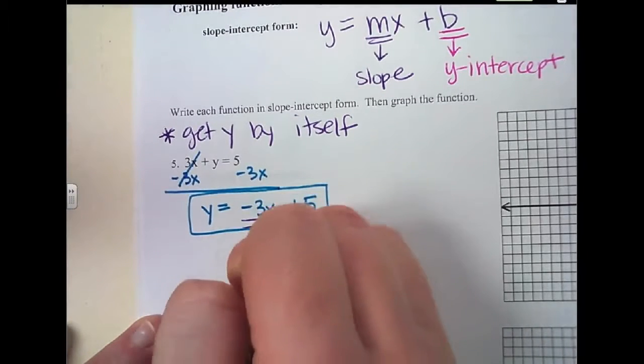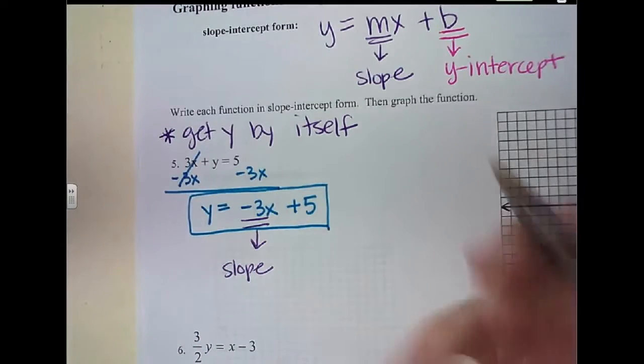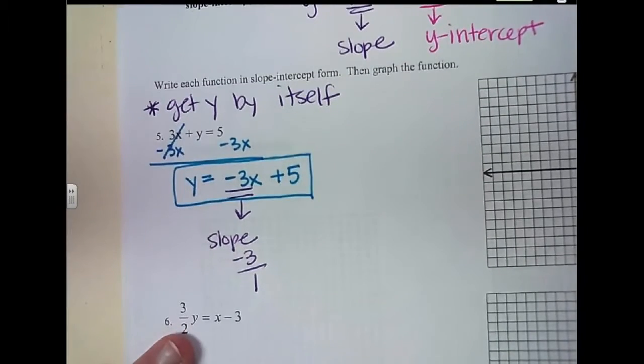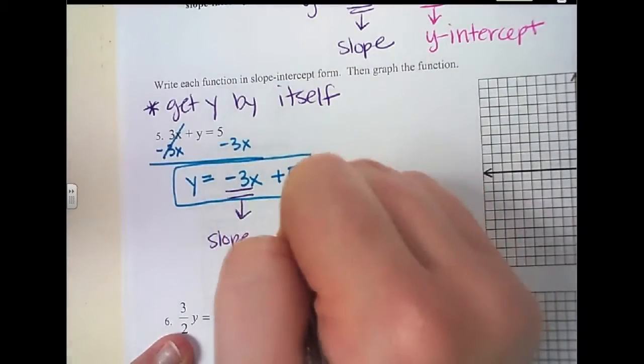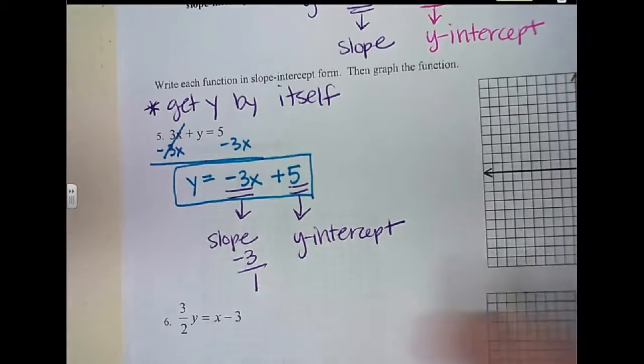Okay, again, this is your slope. So negative 3, I'm going to write negative 3 over 1. And 5 is our y-intercept. So how would you start graphing this?